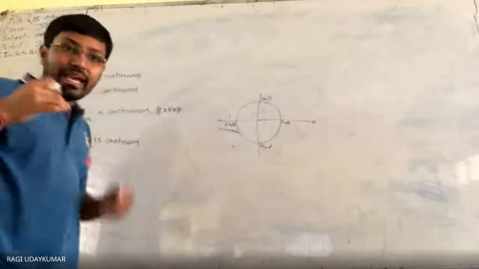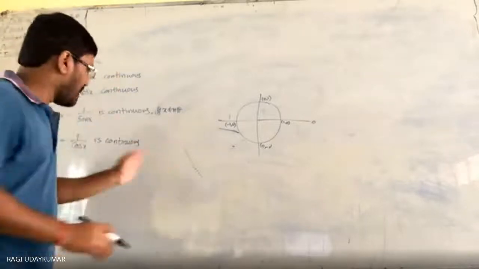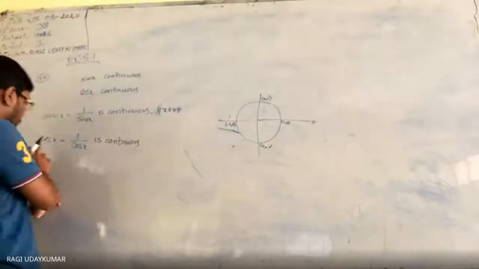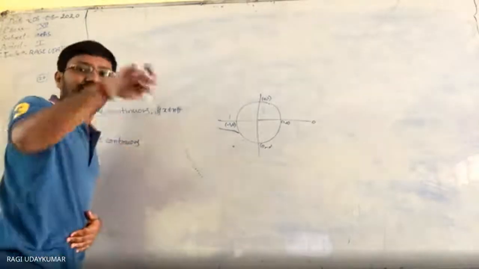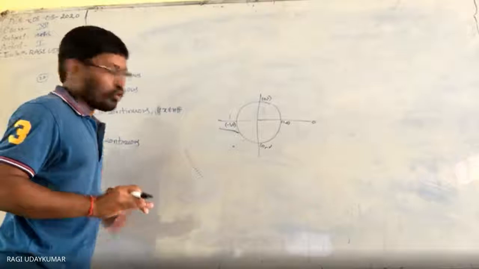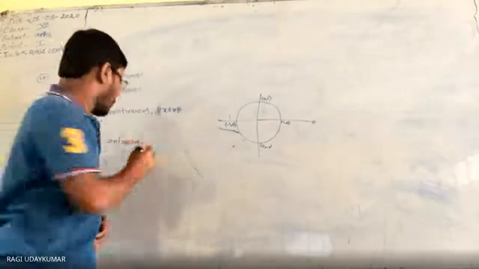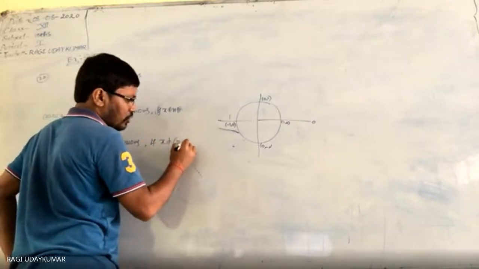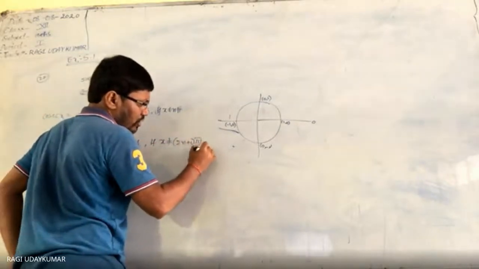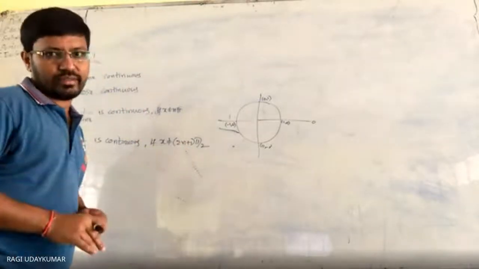At these places it is not continuous, because the denominator is 0 and the function is itself not defined. So secant x is not defined at x equal to 2n plus 1 pi by 2. Except these places, it is continuous everywhere.